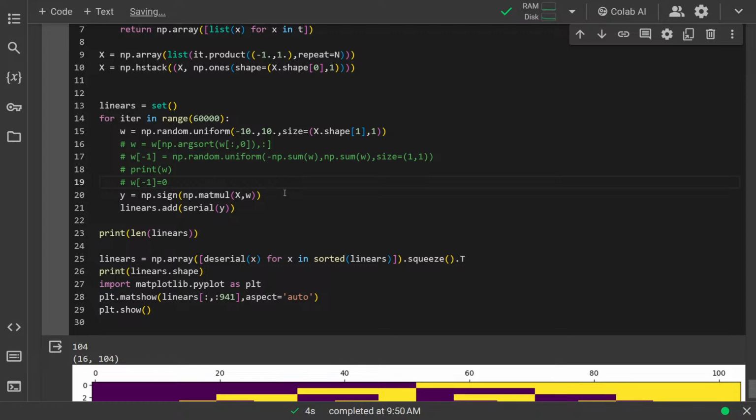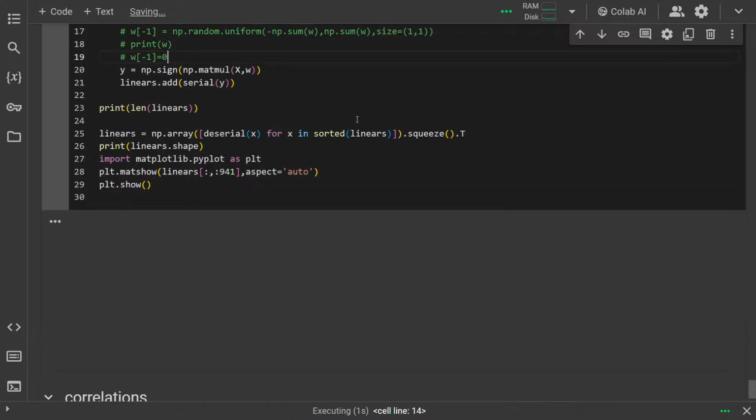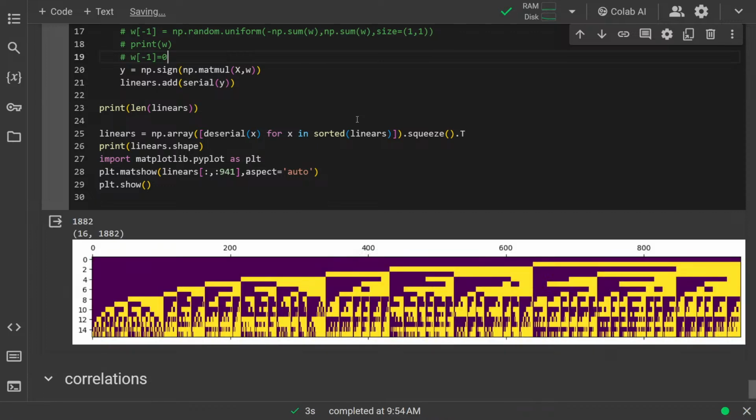If we turn that off, we'll get a different thing. Those are general LTFs.